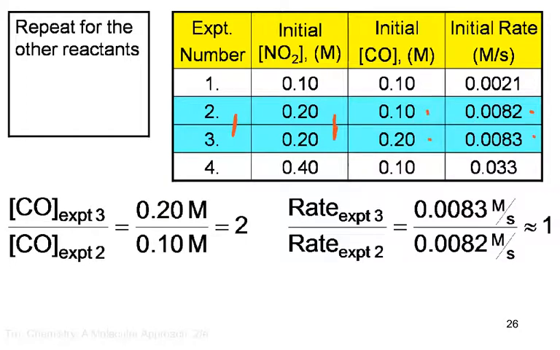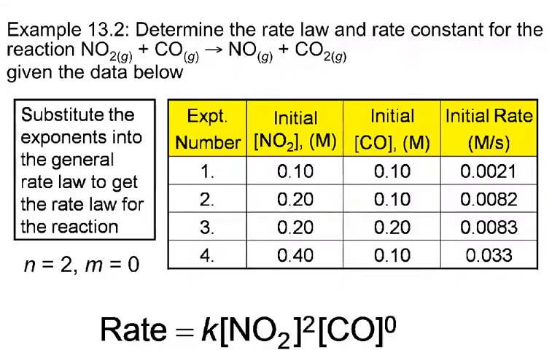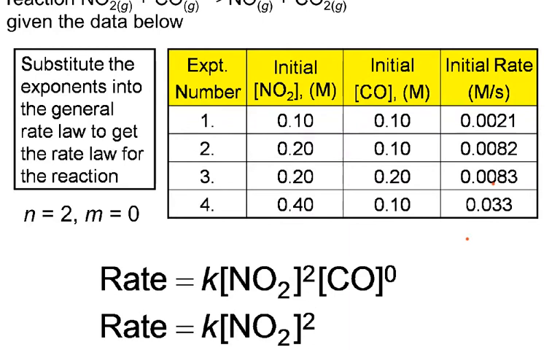When we doubled our concentration, the rate did not change, so our reaction is 0 order with respect to carbon monoxide. So now we've solved the first part. We know that our rate is our rate constant times nitrogen dioxide squared times carbon monoxide to the 0 power, which cancels that out. So overall, here is our rate law.